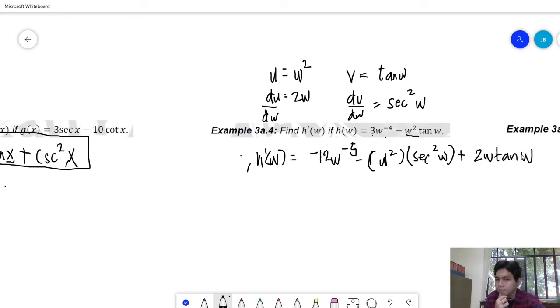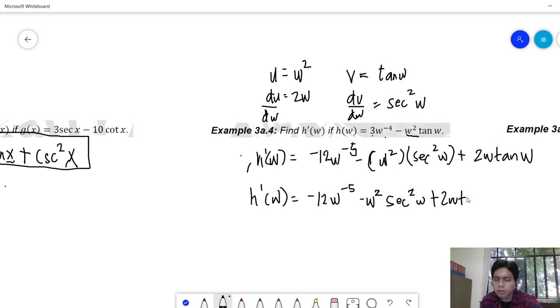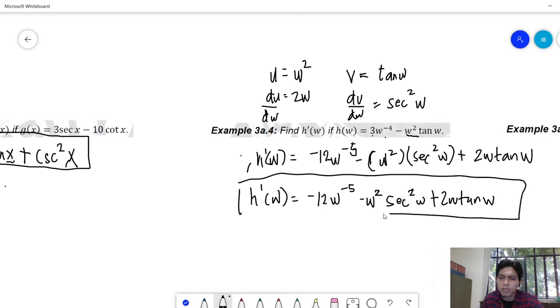Therefore we will have a final answer of 12, minus w squared secant squared w, plus 2w tan w. That is our final answer.